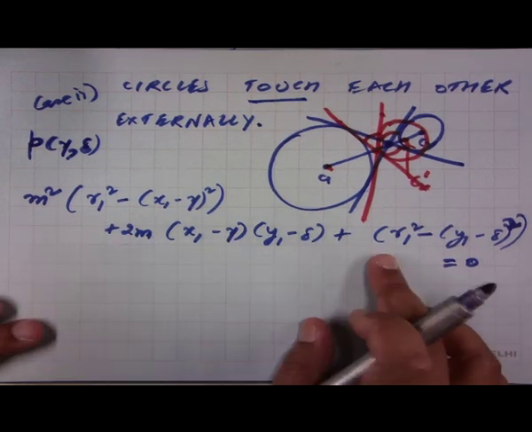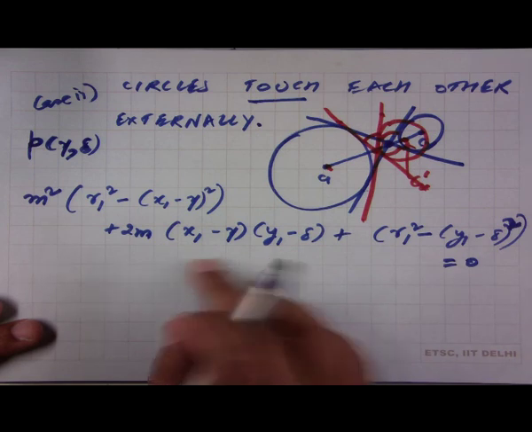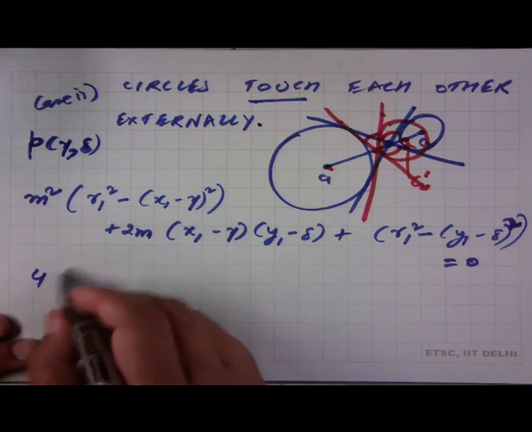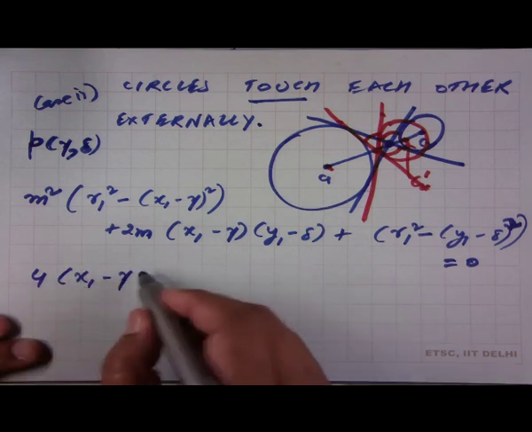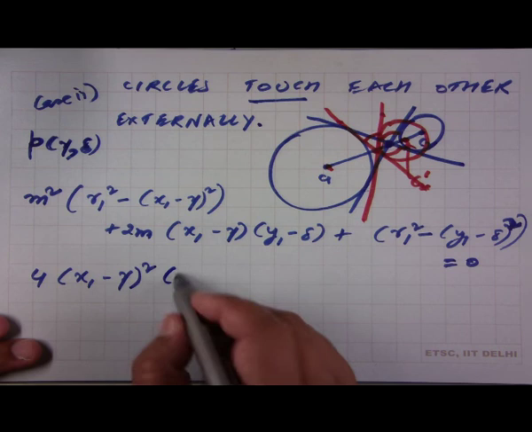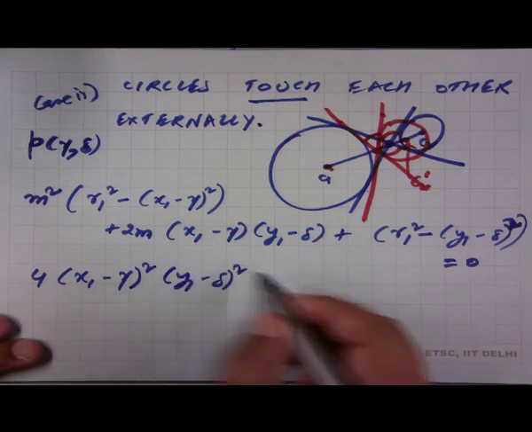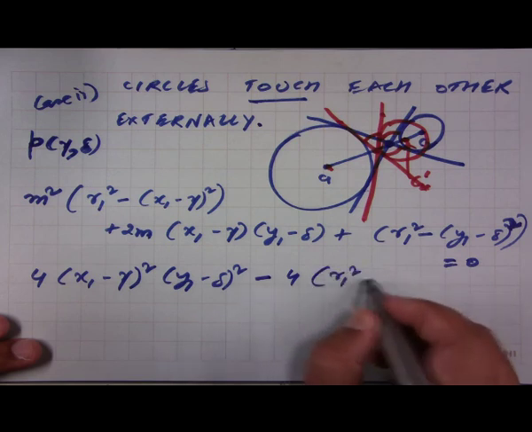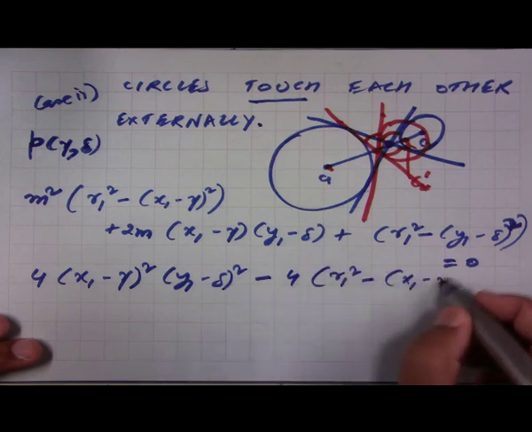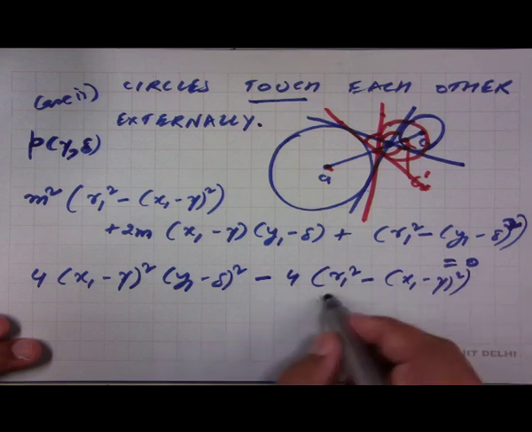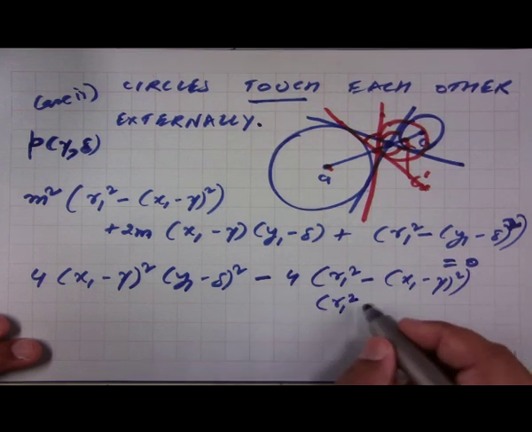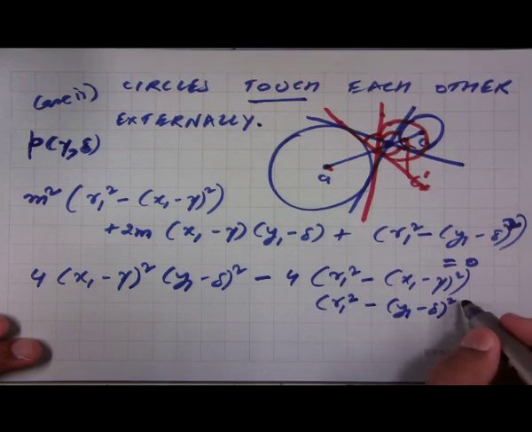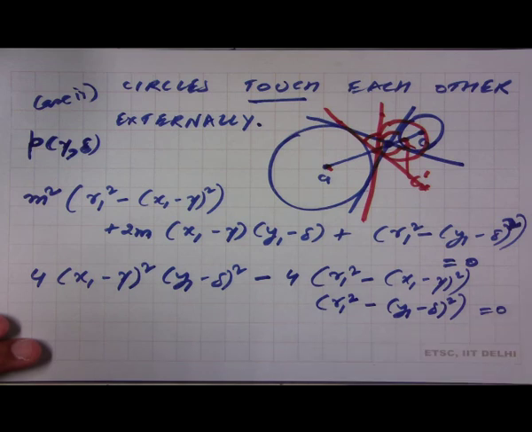It will have equal roots if and only if the discriminant is 0, and the discriminant is 4 into x1 minus gamma whole square into y1 minus delta whole square, minus 4 times r1 square minus x1 minus gamma whole square times r1 square minus y1 minus delta whole square, and we need this to be 0.